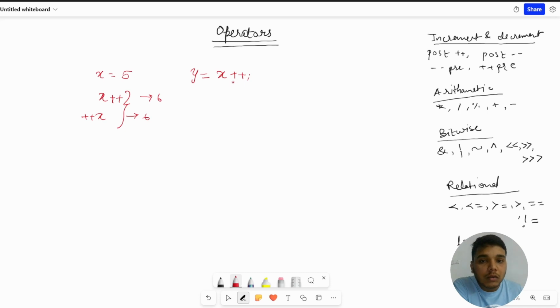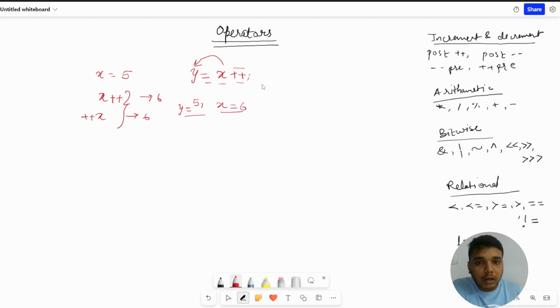This means that there are two operators, equals and double plus. The precedence here is that the equals operator will work first, so whatever is inside x will get assigned to y, then it will increment the value of x. The value of y here is 5, y equals 5, then x would be 6.